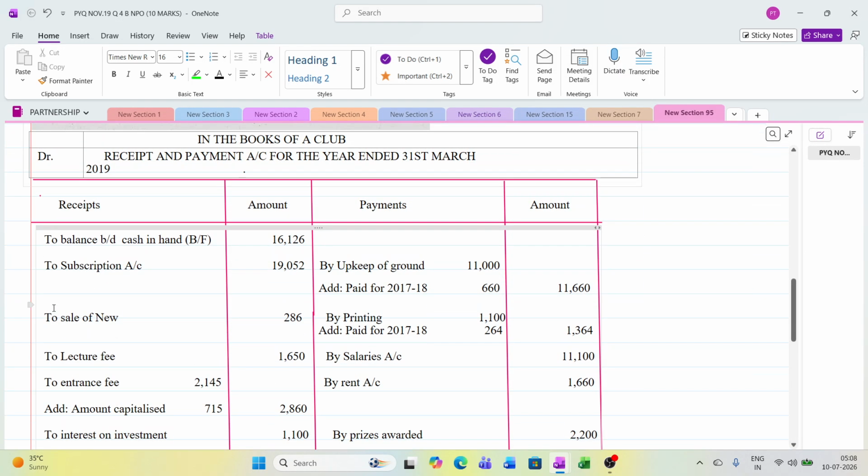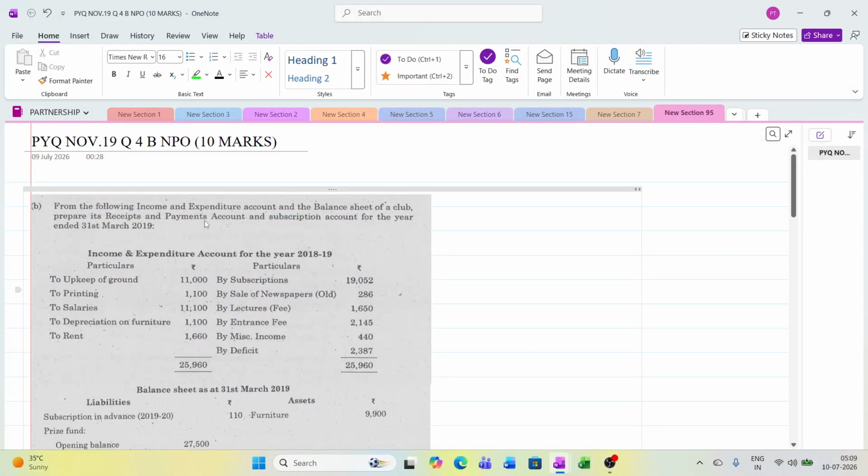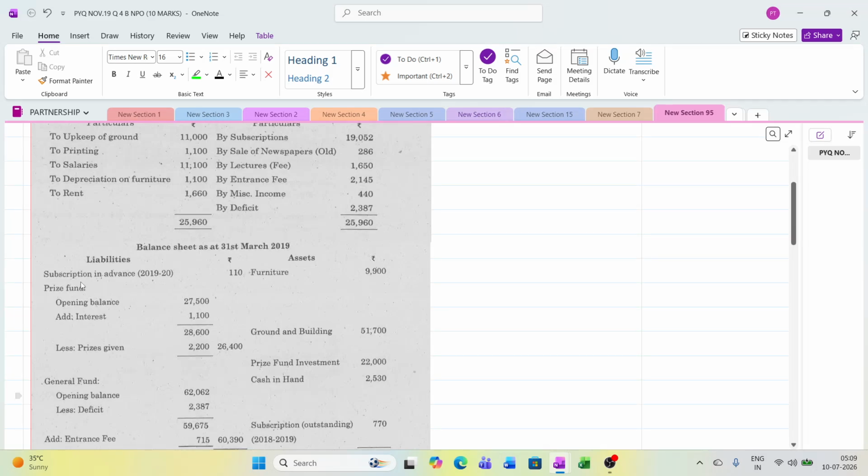Okay. So now coming back to balance sheet. Now we are very, very clear. Whatever is shown in the income and expenditure account, totally we have covered. We have to work out subscription. Okay, that we will do. Here, when you come to prize fund, opening balance is given and interest during the year.